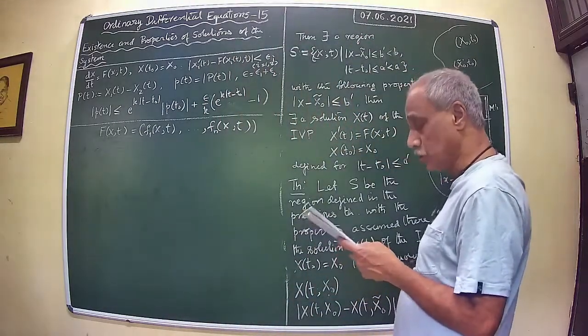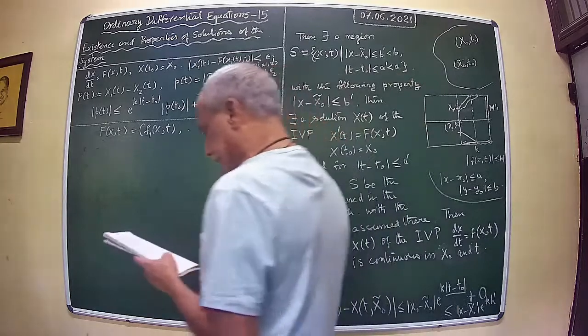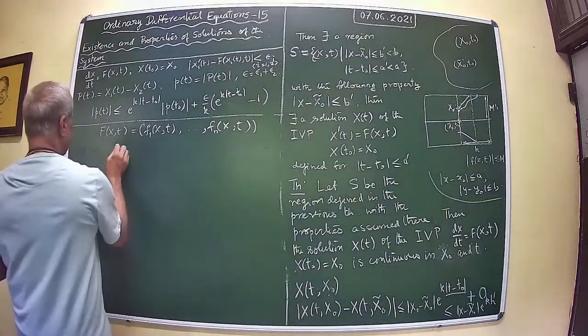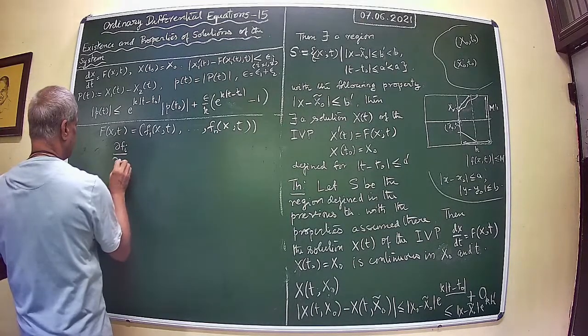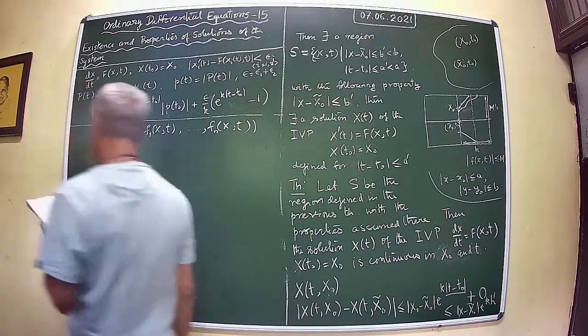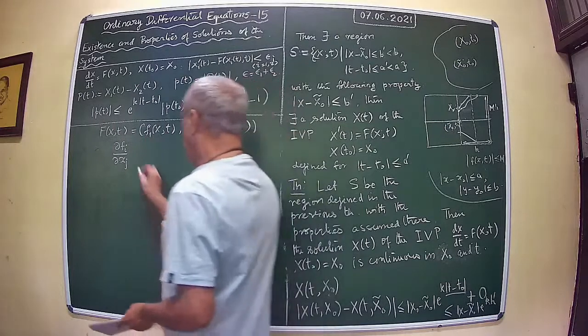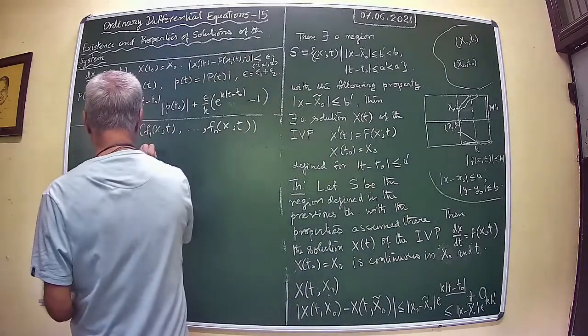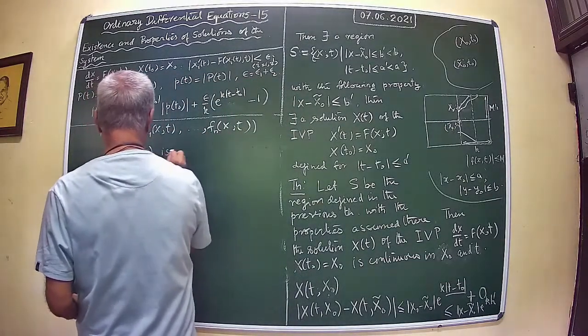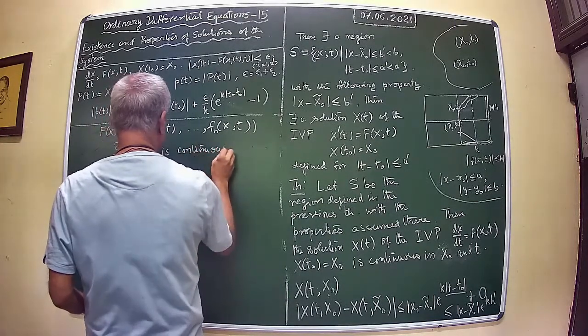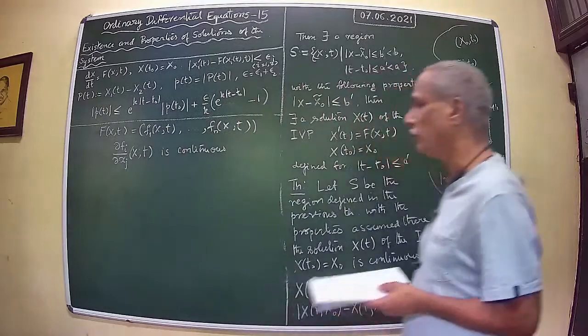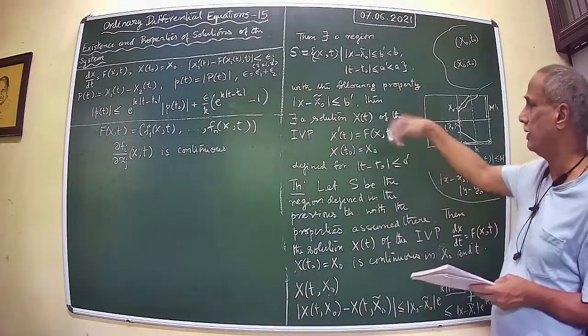Now what we are assuming in the next theorem is that the partial derivative df by dx at (x,t) is continuous over the region, in addition to whatever assumptions that we make.